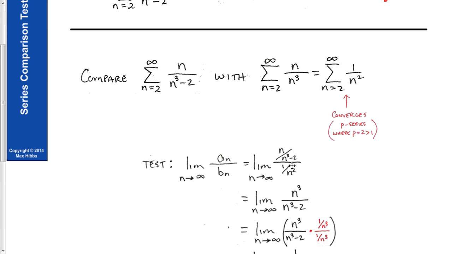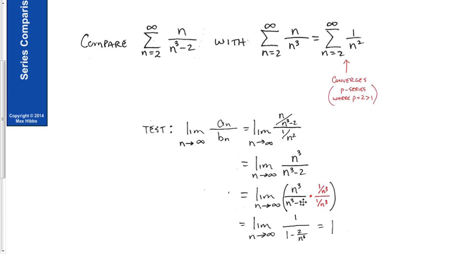Now all I'm doing here is algebraically simplifying this. I'm multiplying by the reciprocal of 1 over n squared, which gives me, of course, n cubed over n cubed minus 2. So we're looking at the limit as n approaches infinity of this fraction. Now, this is the type of problem that we've dealt with in Calculus 1.